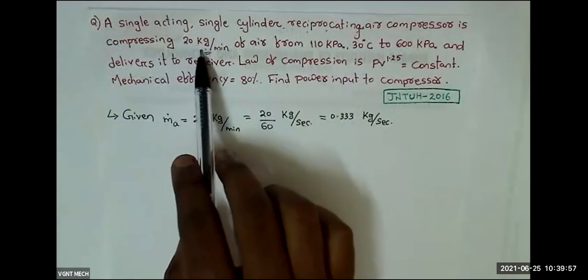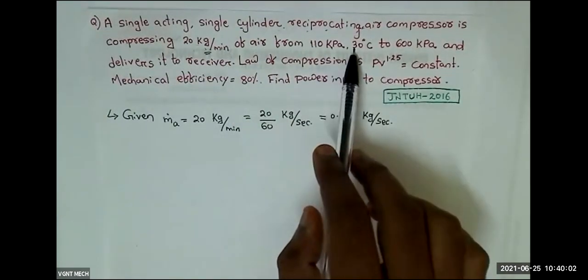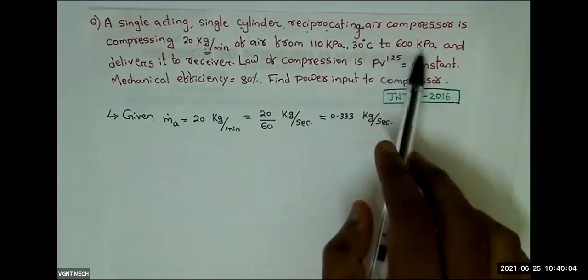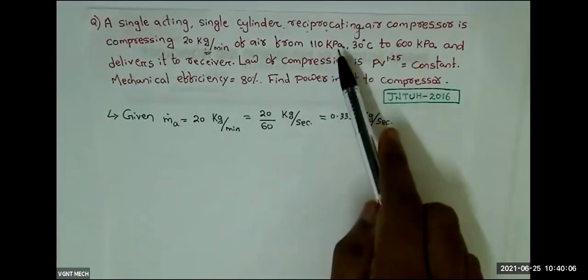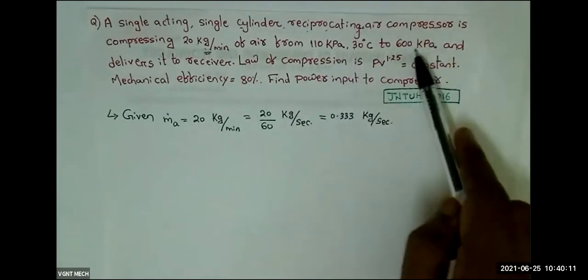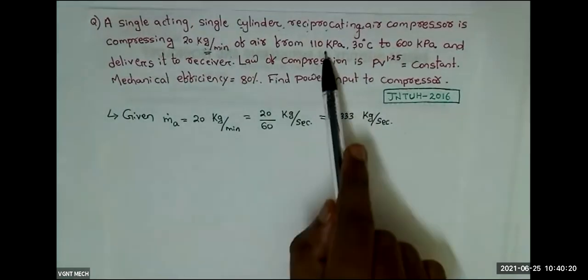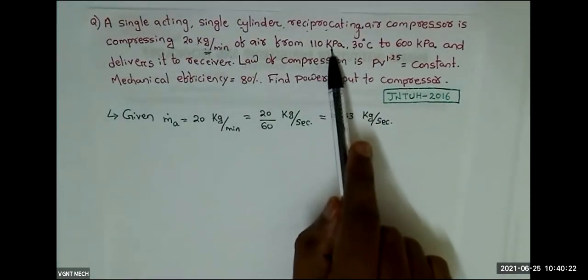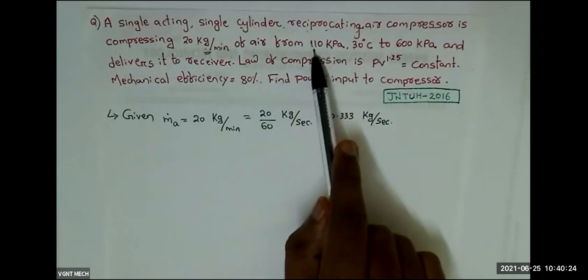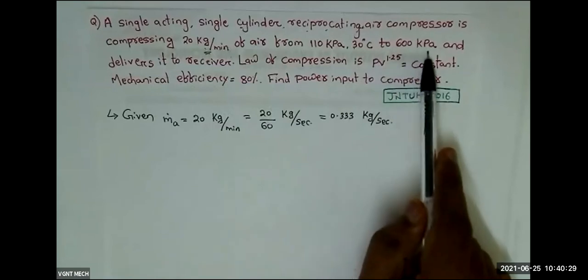It is compressing 20 kg per minute of air from 110 kilopascal, 30 degrees Celsius, to 600 kilopascal. Now can you tell me what is this 110 kilopascal, what is 30 degrees Celsius, and what is 600 kilopascal? It is compressing the air from 110 kilopascal and 30 degrees Celsius to 600 kilopascal.